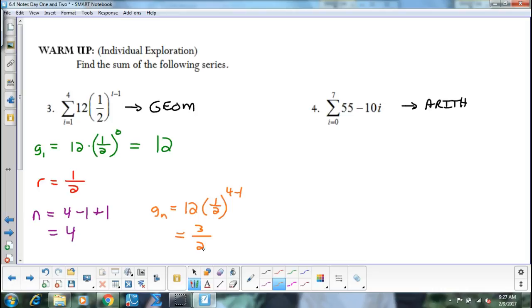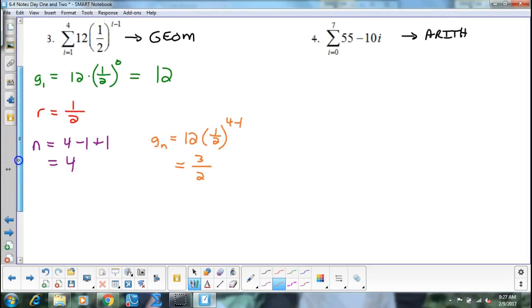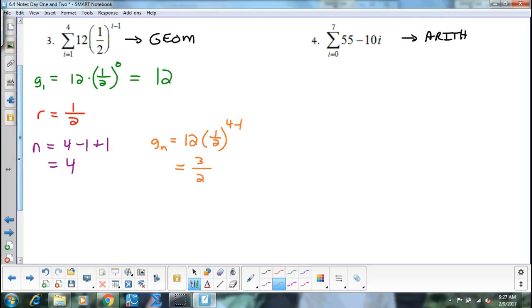Okay, so either way, depending upon which of the formulas that you want to use. In either case, the sum then of the first 4 terms is going to be G sub 1, which is 12, times, what is then, R to the n power.